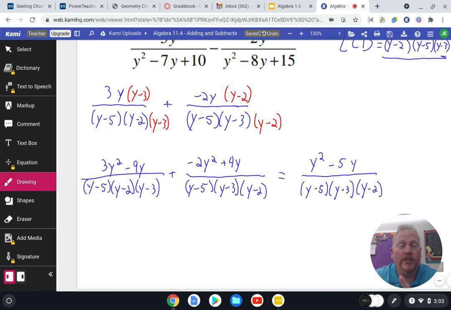Except I haven't checked. Can I reduce anything? So in order to reduce it, I need to check and see if I can break stuff down. So y squared minus 5y. Well, I see a GCF of y there. So y times y minus 5.